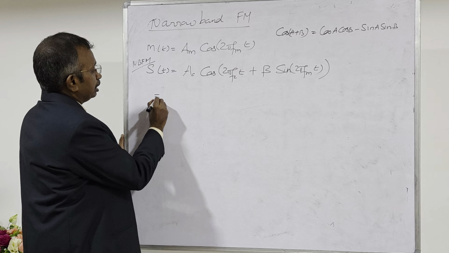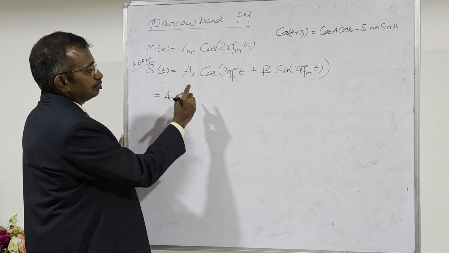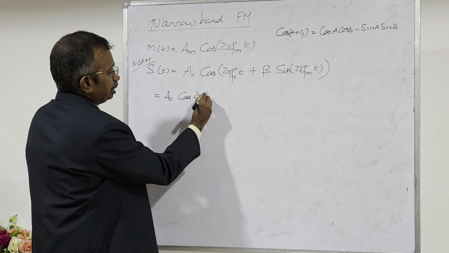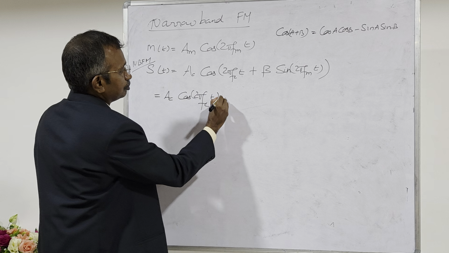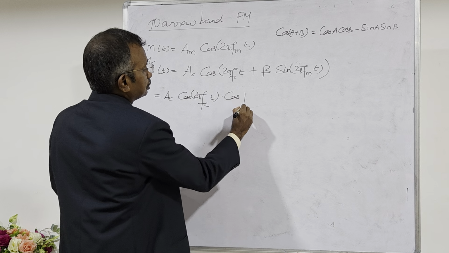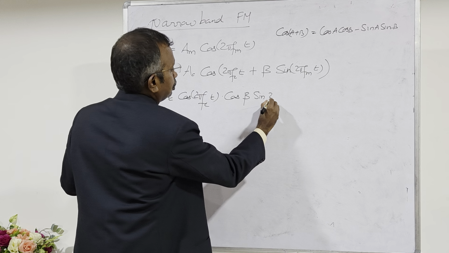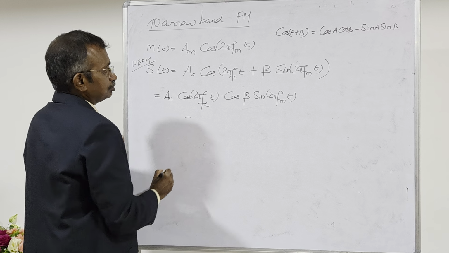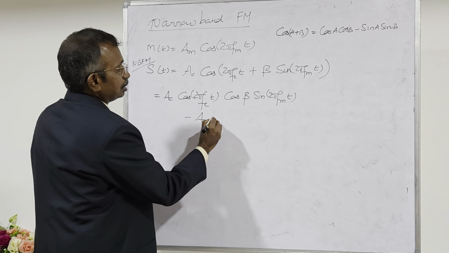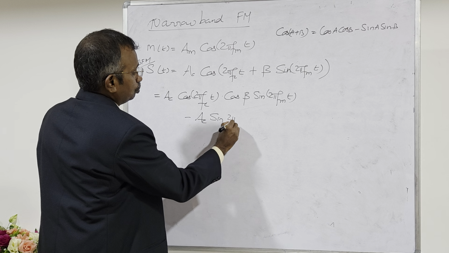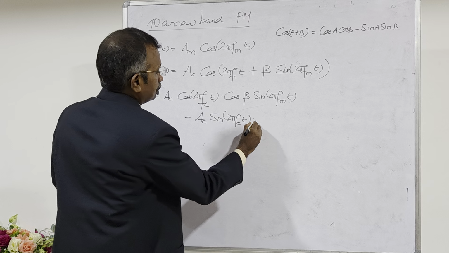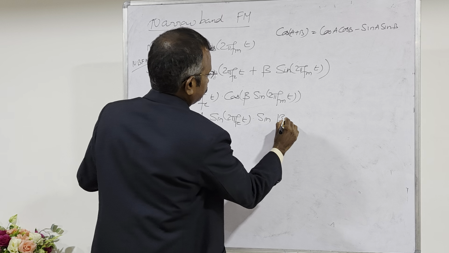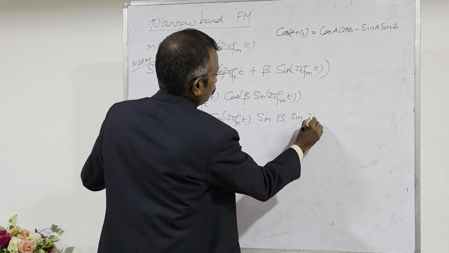Therefore, I can expand this as Ac cos A cos B, so it is cos 2 pi fc t into cos(beta sin 2 pi fm t), minus Ac sin 2 pi fc t into sin(beta sin 2 pi fm t).